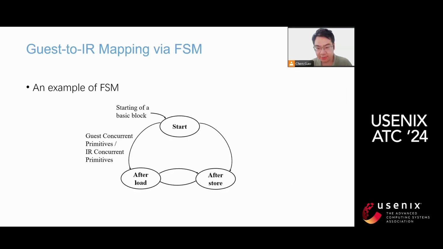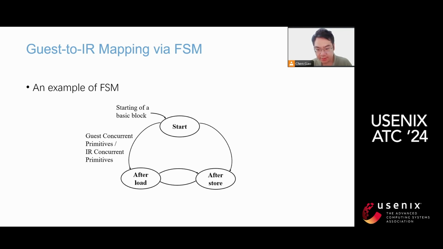The FSM gets the mapping of the guest to IR, as shown in the figure. When the DBT reaches the beginning of a basic block, the FSM is initialized to the start state, where the orderings are enforced in the guest but not in the host.